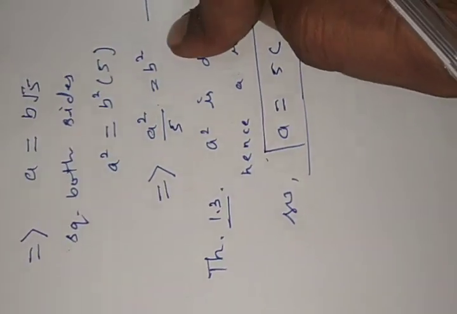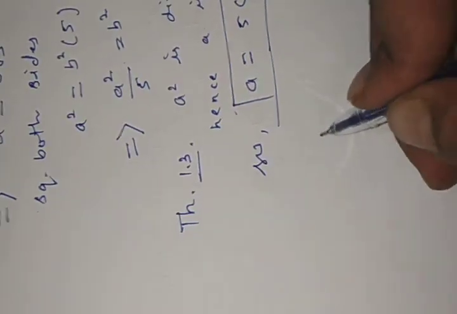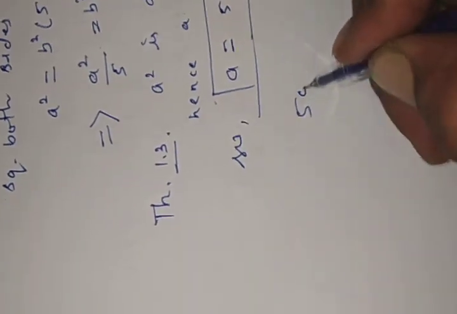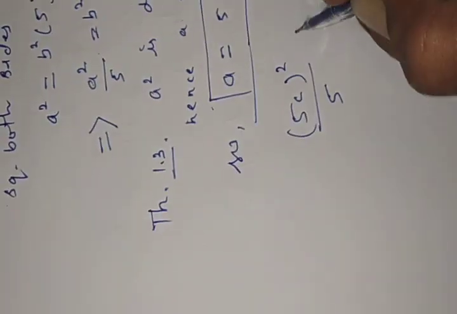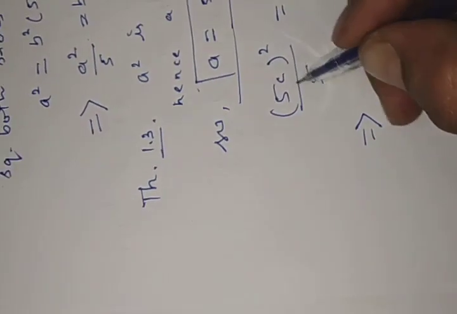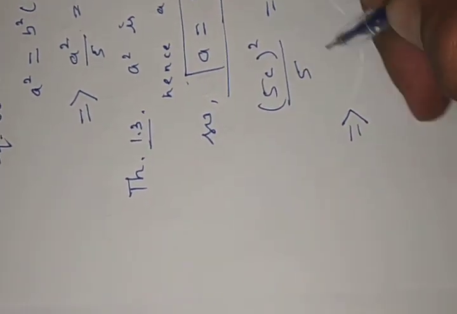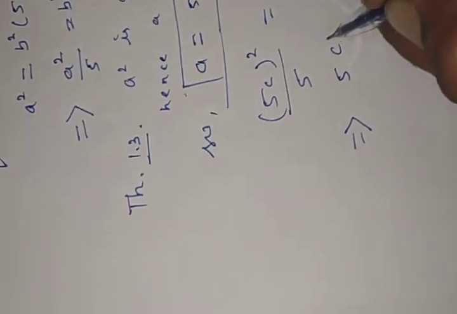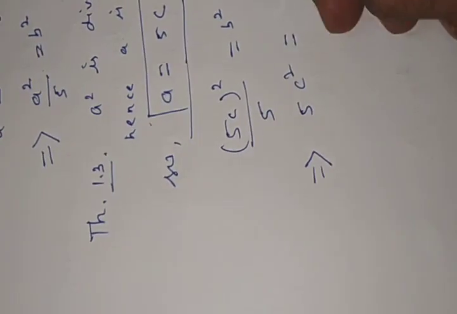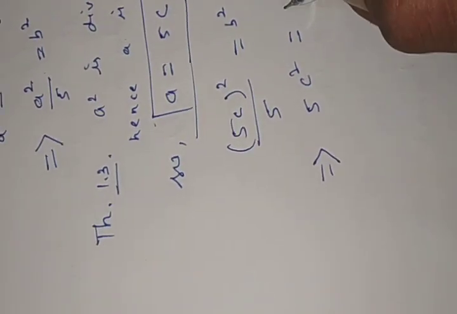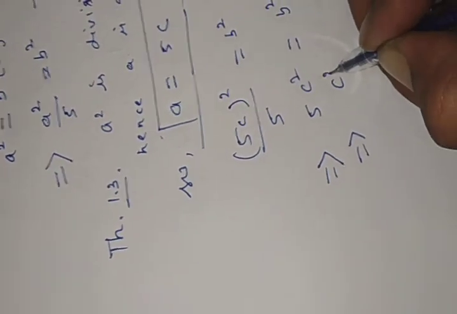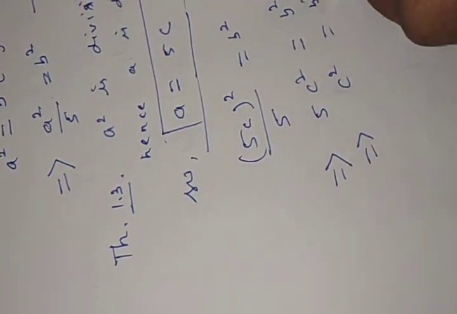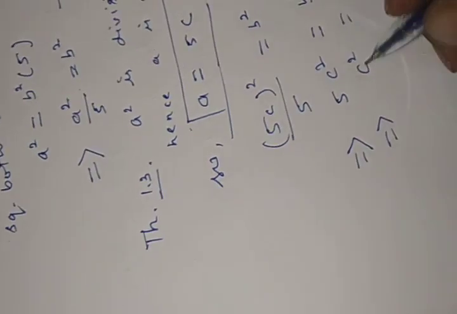Put this a equal to 5c in equation 1. 5c square upon 5 is equal to b square. This implies, see, 5 square upon 5, it will be 5. 5c square is equal to b square, or we can say c square is equal to b square upon 5.